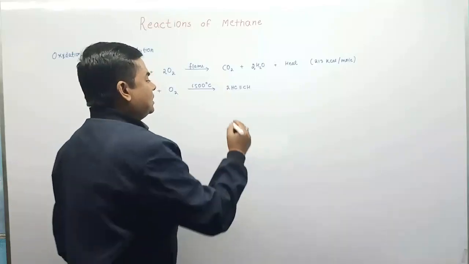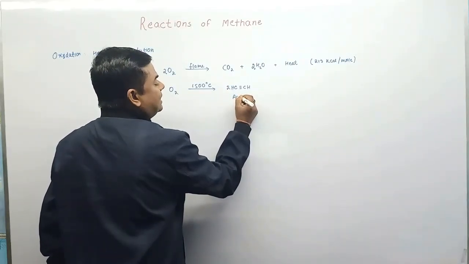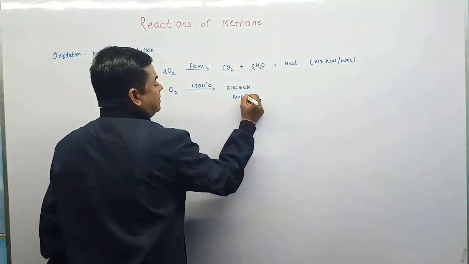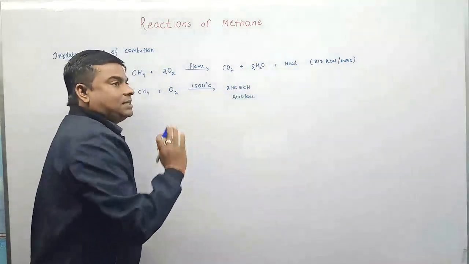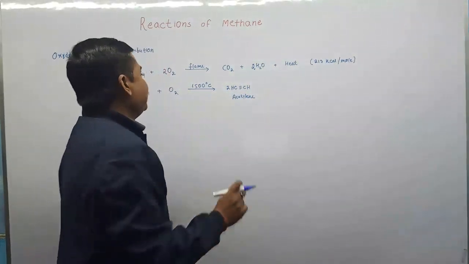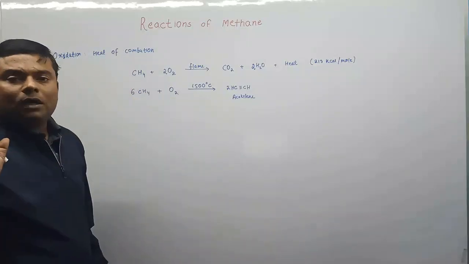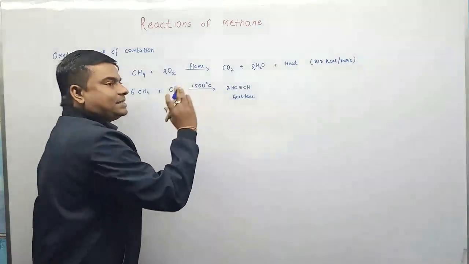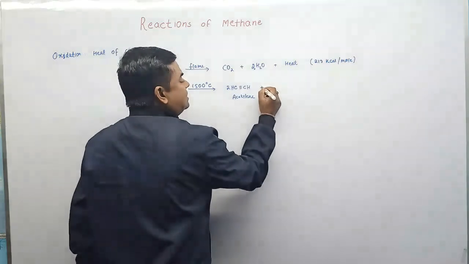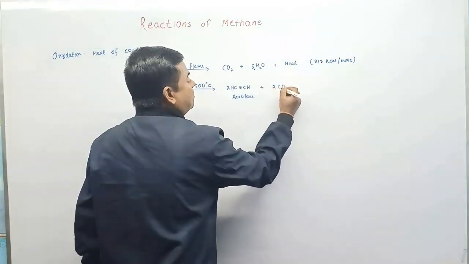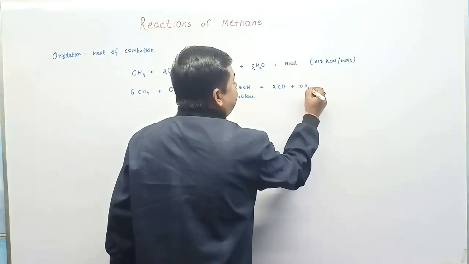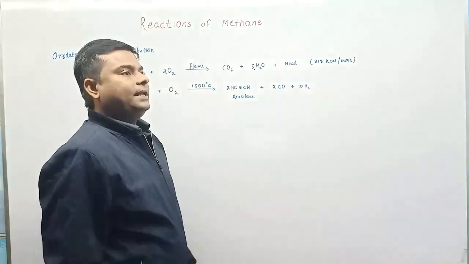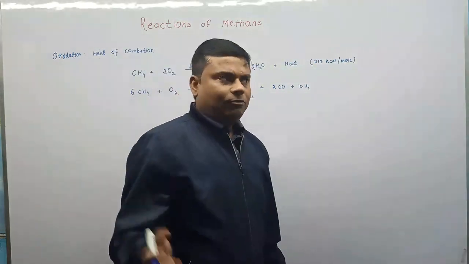The name of this particular alkyne is acetylene. So we get acetylene directly from methane by oxidation, and besides this we get 2 moles of carbon monoxide and 10 moles of hydrogen, and during this reaction again heat is evolved.